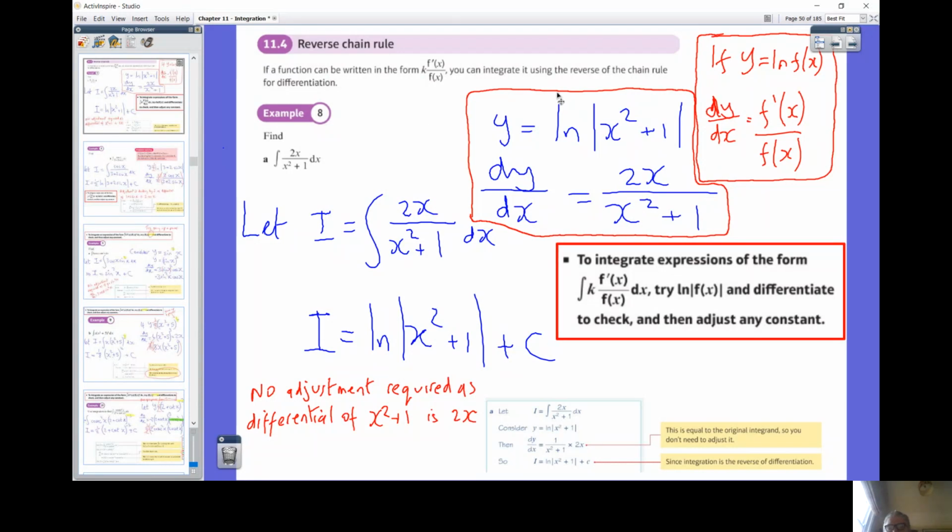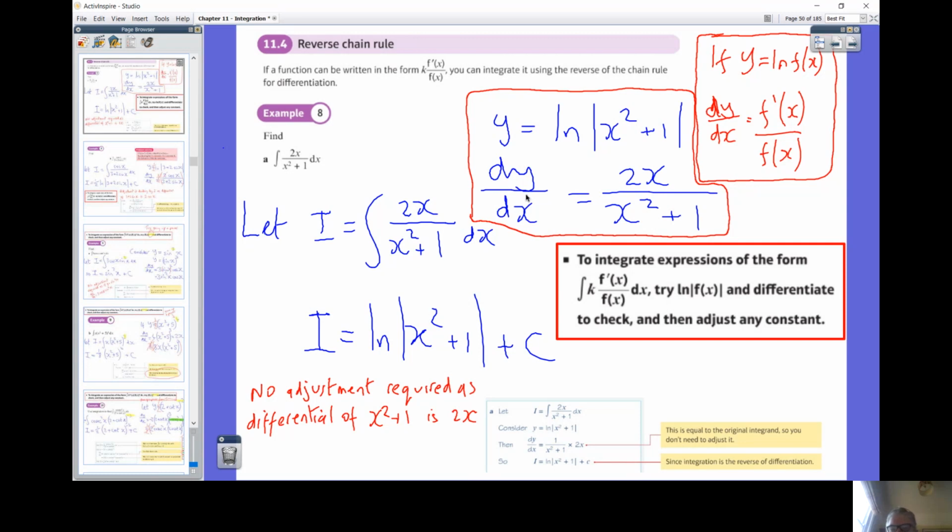Just to remind you, from the differentiating point of view, when you differentiate y equals ln of an x function, the result is the differential itself divided by the initial function. For example, y equals ln of x squared plus 1.